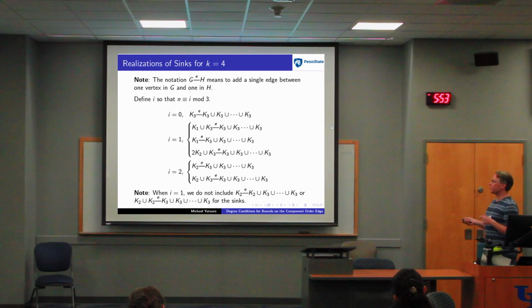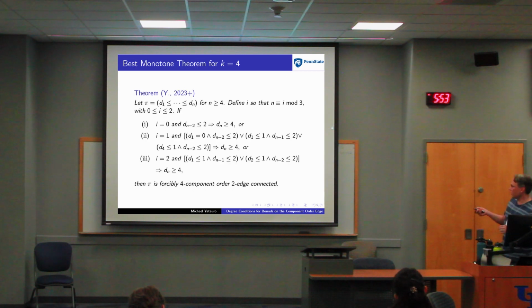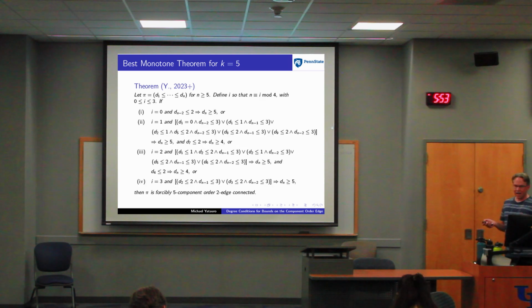So these are the graphical sequence conditions, or the degree conditions, that block those. So you get 4 component order 2 edge connected, and those are the conditions. If you wanted 5 component order 2 edge connected, and you look at all of those degree sequences that have to be blocked, these are the conditions for the various remainders.